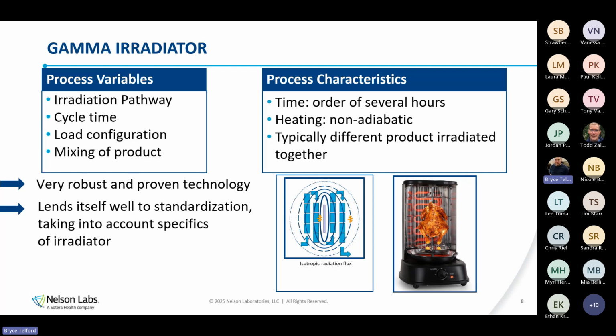Also, different types of product can be irradiated together, and gamma isn't as sensitive to density. It's a very robust, proven technology, and it lends itself well to standardization. So gamma is our first.